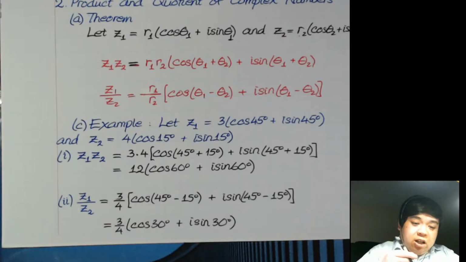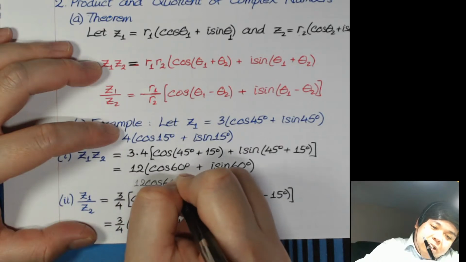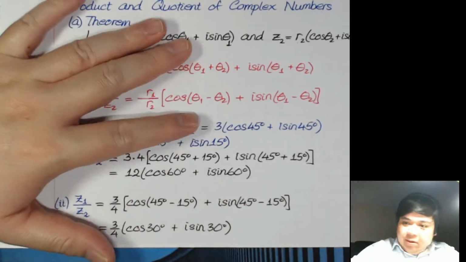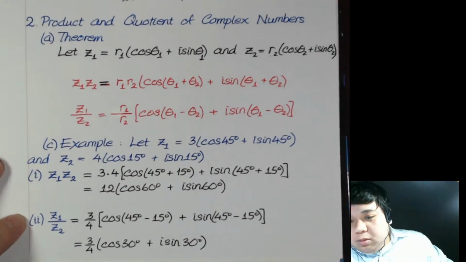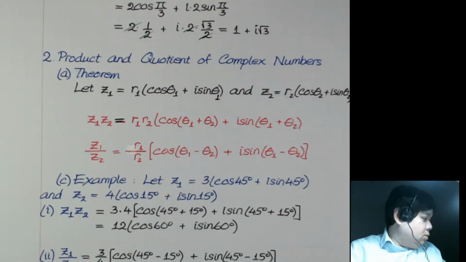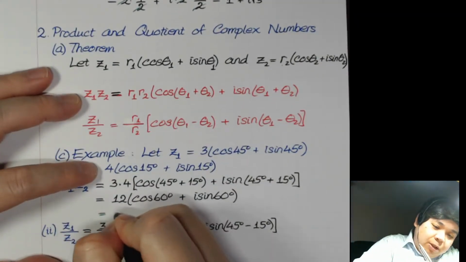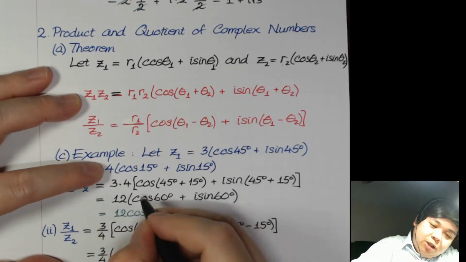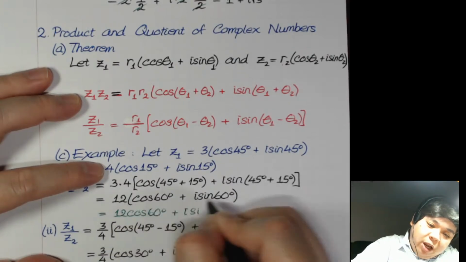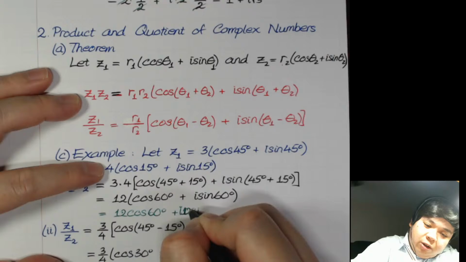If we want to, we can multiply it out. 12 cosine of 60 degrees, and then plus I, we have the 12 sine of 60 degrees.